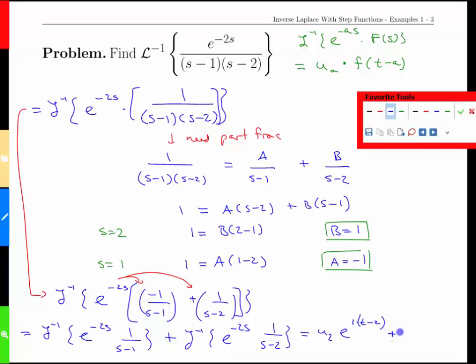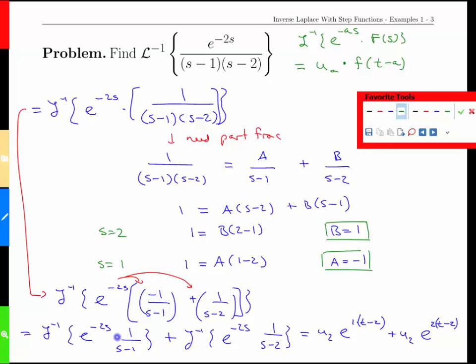Likewise, we have another step function u2, and now it's times 1 over s minus 2. The transform of that is the exponential e to the 2t, but at the innermost level, so put brackets around the t and replace it by a t minus 2, we would have that. With the one caveat that we lost a negative sign.